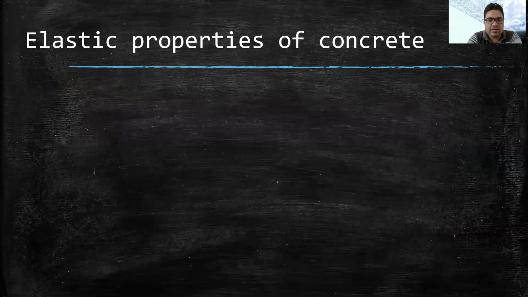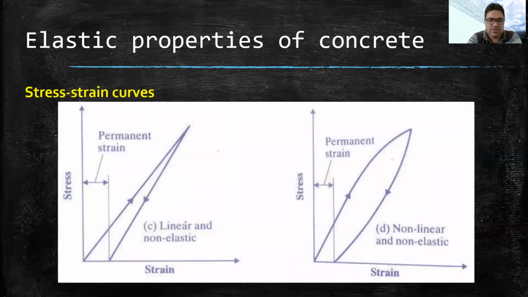Now if we look at the other stress strain curve, like the third, we can call it linear but non-elastic. There we can see the first line, which shows the increment of the stress, and at the same time, as we increase the stress, the strain is also increasing.